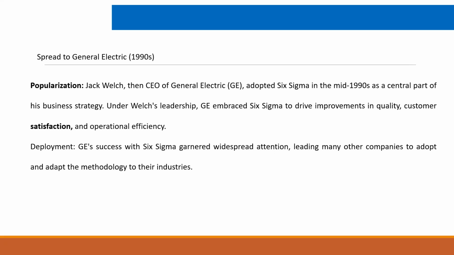When General Electric initiated the Six Sigma project, the popularization came through Jack Welch, then CEO of General Electric, who adopted Six Sigma in the mid-1990s as a central part of his business strategy. Under Welch's leadership, GE embraced Six Sigma to drive improvement in quality, customer satisfaction, and operational efficiency. This was his purpose, and it was applicable to all the opportunities we work on. Now, deployment.